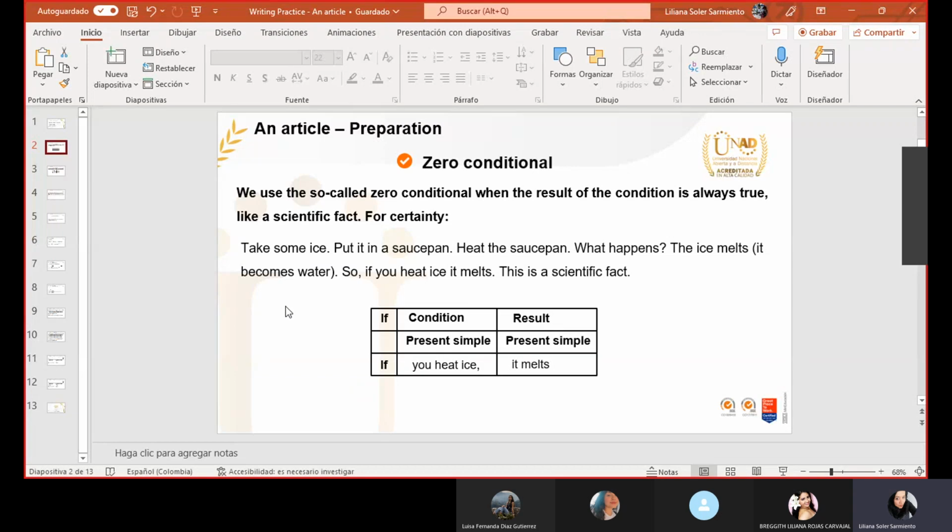For example, the first part of the phrase is the condition and the second part is the result. We use zero conditional when the result of the condition is always true, like a scientific fact or for certainty.